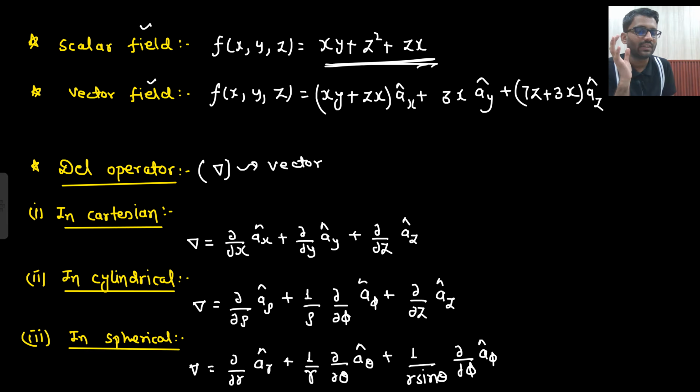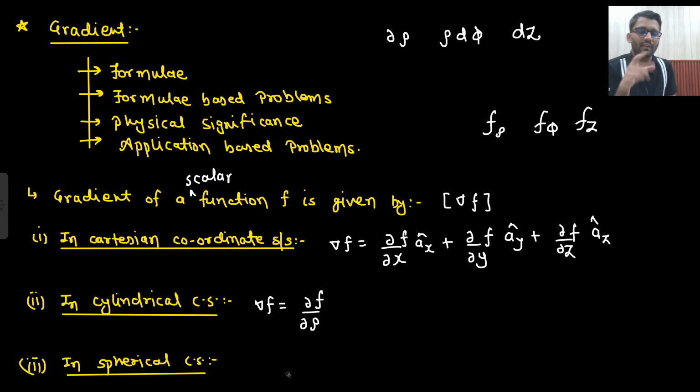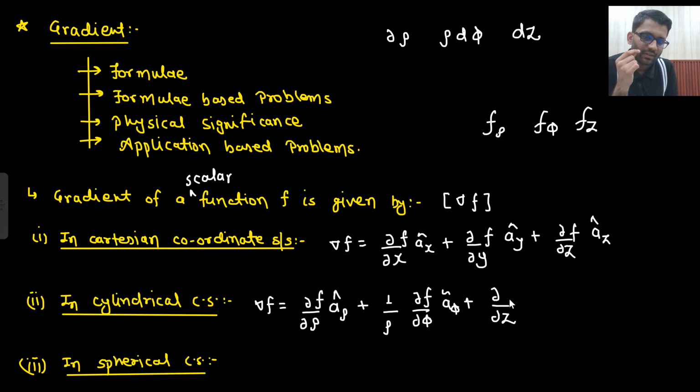It doesn't have any rho phi z function, right? So del f by del rho, a rho cap, plus 1 by rho d by d phi of f as it is, a phi cap, plus d by dz of f as it is, az cap.